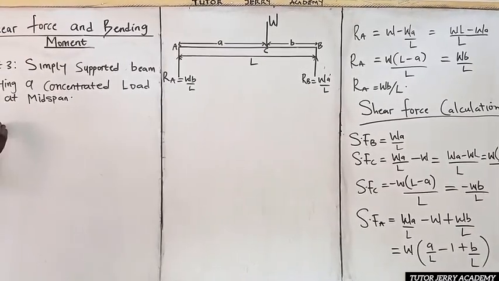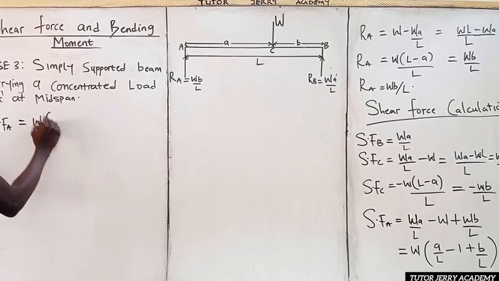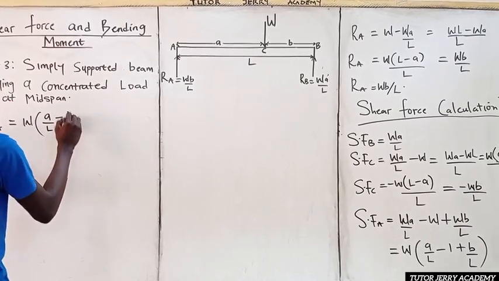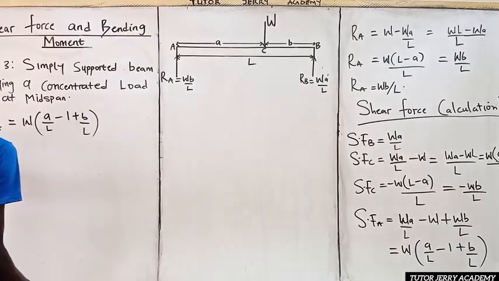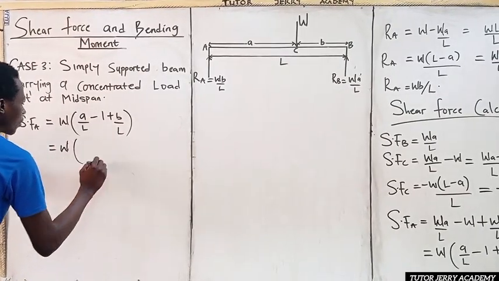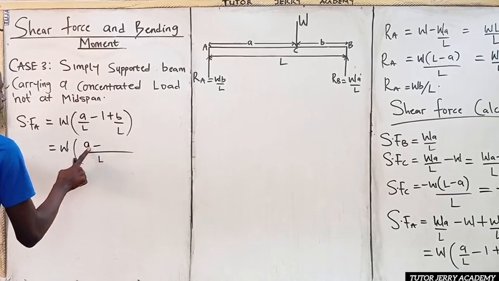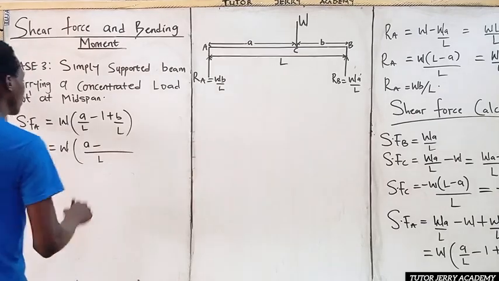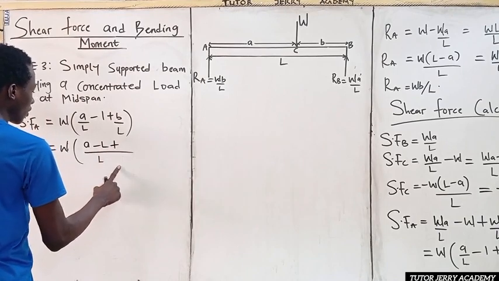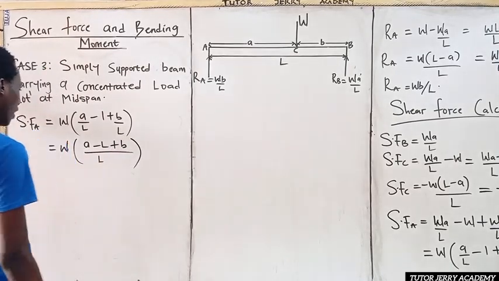So we have shear force at A equal to W into A all over L minus 1 plus B all over L. If we take the LCM of this, it is nothing but L. So this will be equal to W into L over L, which is 1. 1 multiplied by A is A, minus, L multiplied by 1 is nothing but L, plus L divided by L is 1, and 1 multiplied by B is B. So this is what we have.